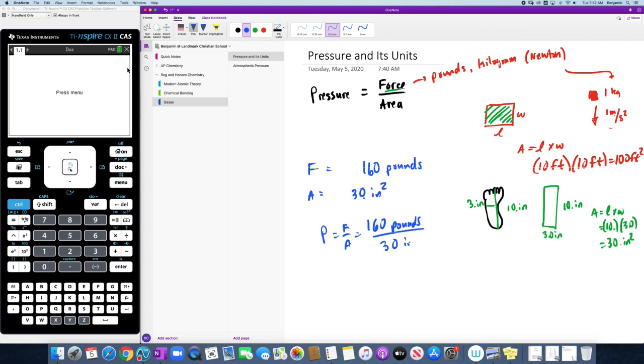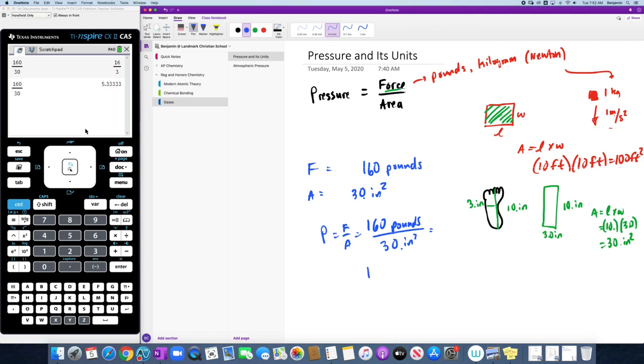Gotta add in a new calculator here. 160 divided by 30. And the units, let me hit Control Enter.